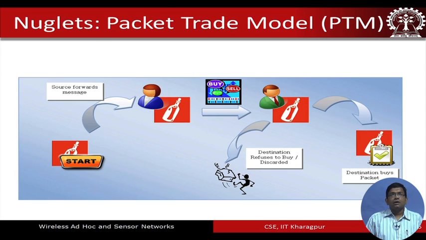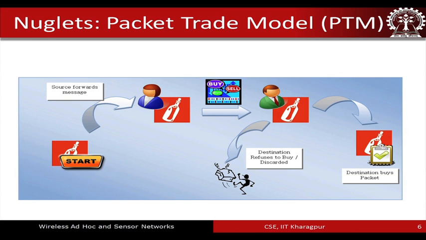Okay. Now, the other model is the Ptm model. In the Ptm model, we have a similar multi-hop scenario, but instead of the source node paying, that means adding enough number of nuggets, there is another kind of buying selling mechanism that is simulated between the intermediate nodes.